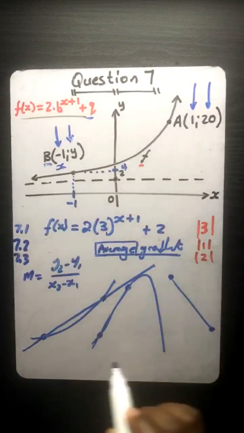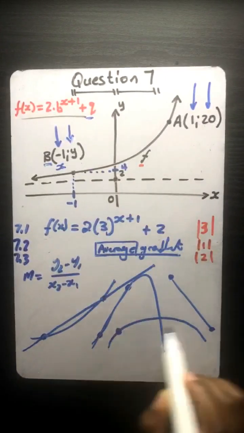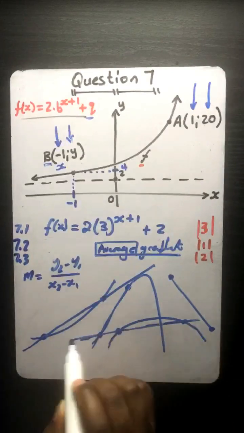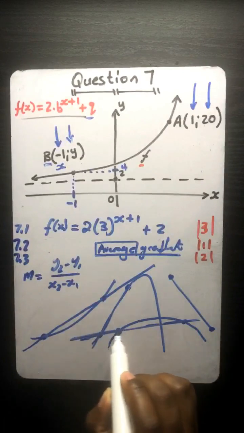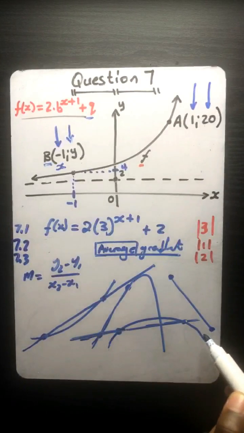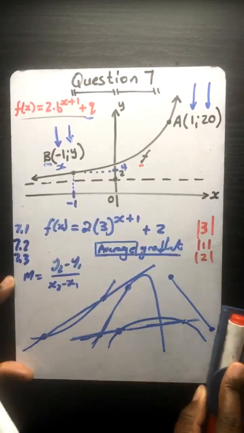But the moment you have a curving shape, then between 2 points, you need to say an average gradient. So that's why the examiner had to make sure that they use that word average.